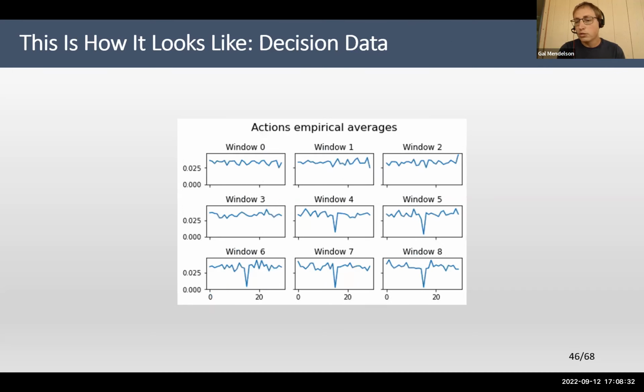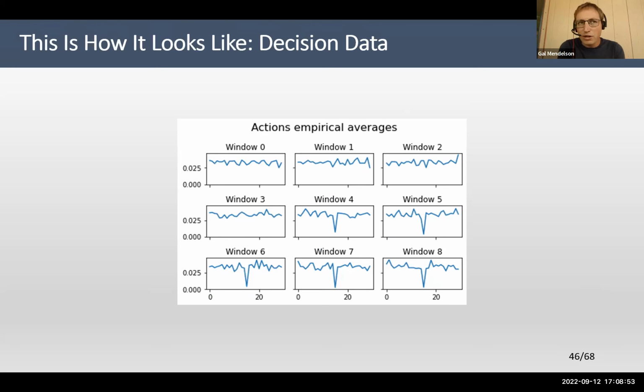As opposed to action data, or decision data. This is the same simulation, but we used the decision data to display here. And I think you can agree that it's clear that the middle server, server number 15 in the simulation, in window number 4, slowed down.